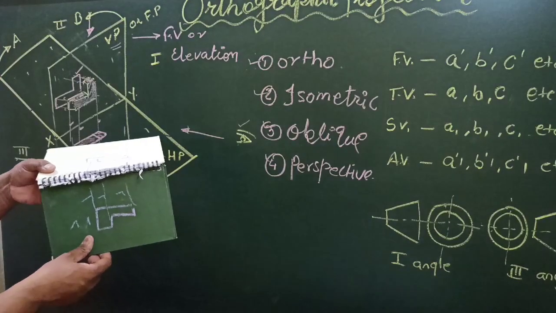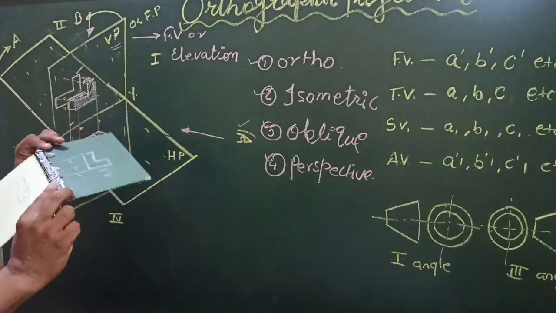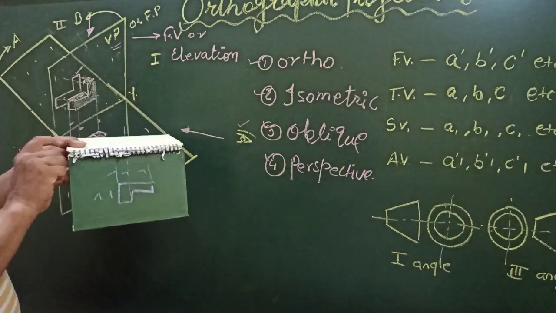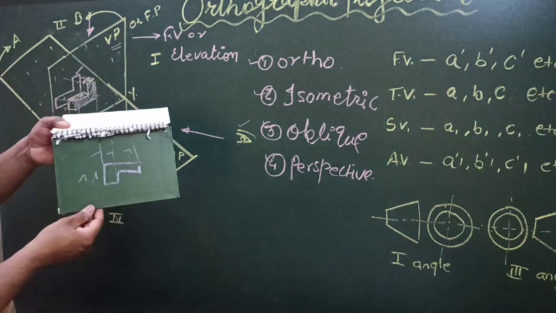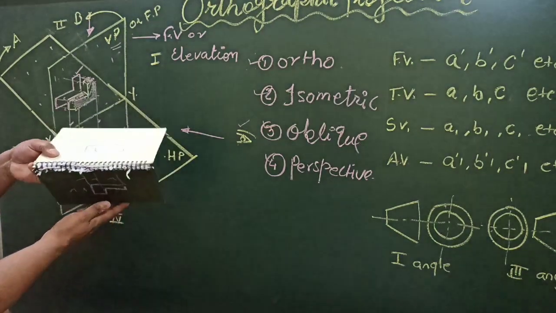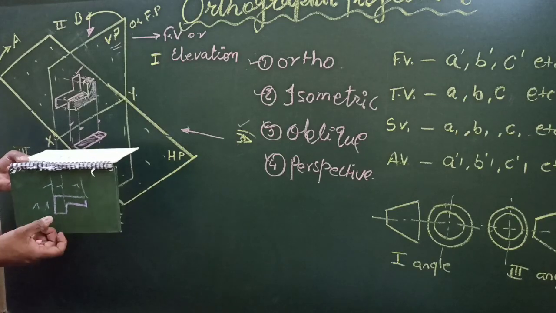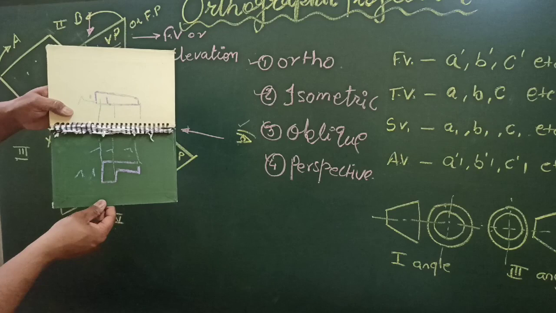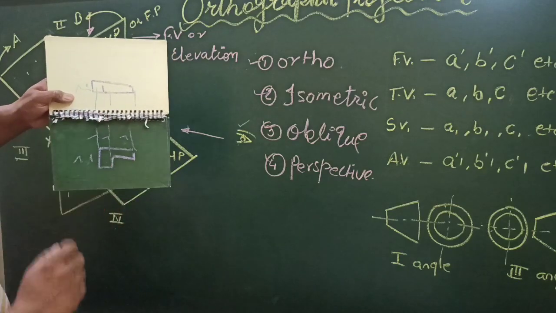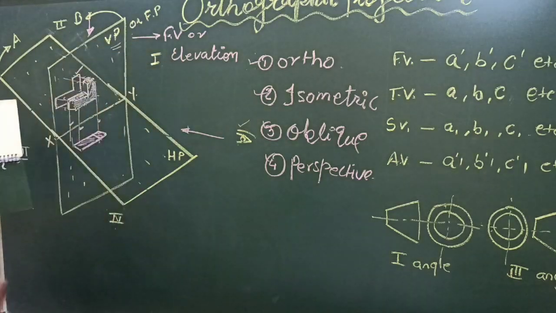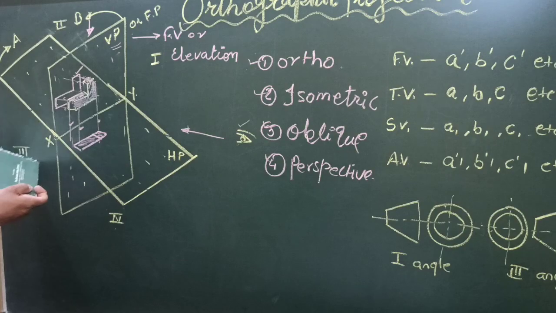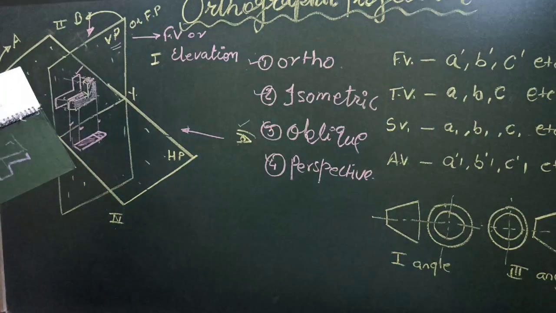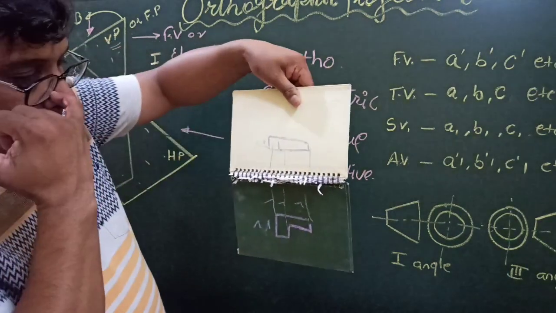This will be the top view as it is and the front view is like that. This is third angle projection. So the front view will be below HP and after rotation you will get the top view above and the front view below. So the top view will be above HP.